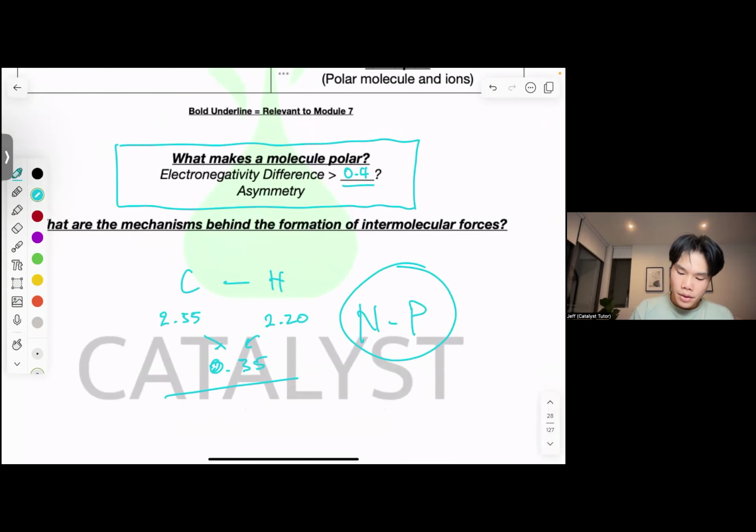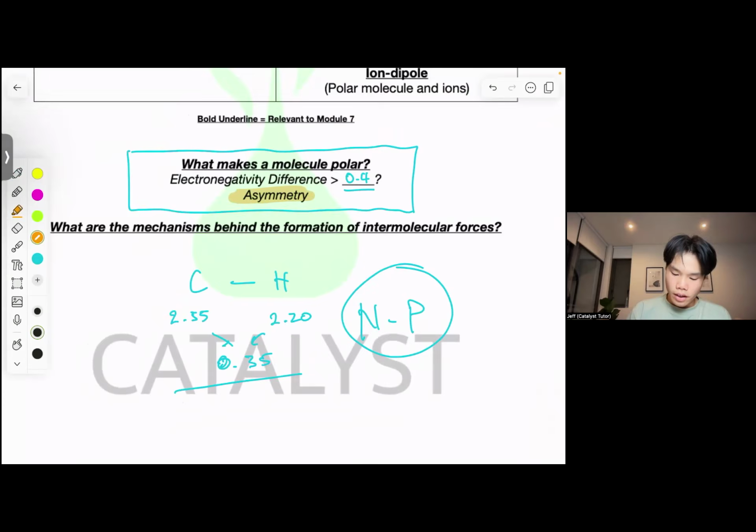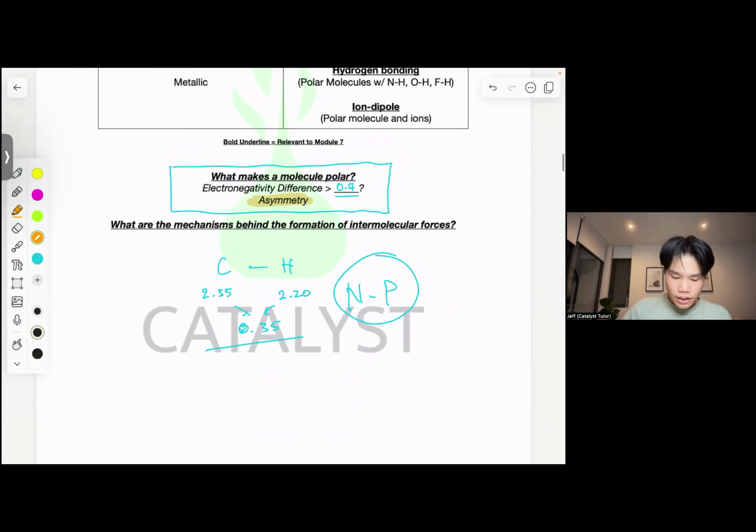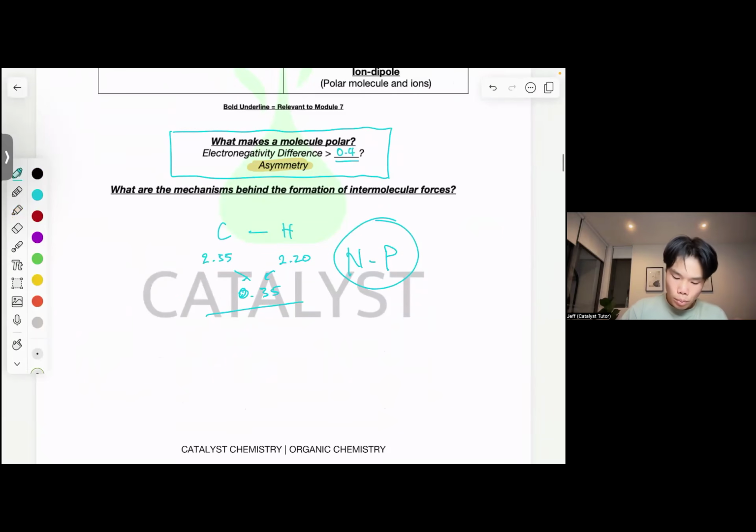And then in terms of the other thing that makes a molecule polar and is more commonly neglected in schools is asymmetry. What I mean by this is that when you have two polar bonds, for example, oxygen to carbon and oxygen to carbon in what we like to call carbon dioxide. Hopefully you've seen this molecule before. The molecule has polar bonds.